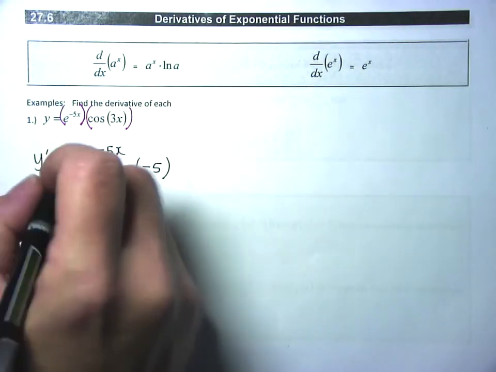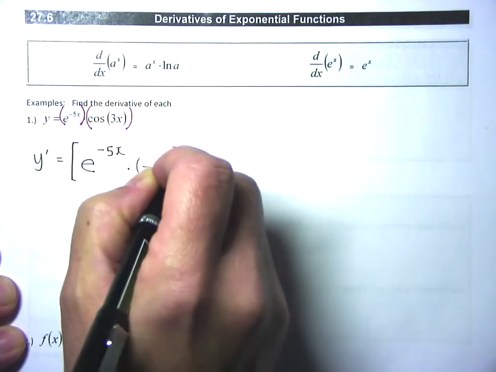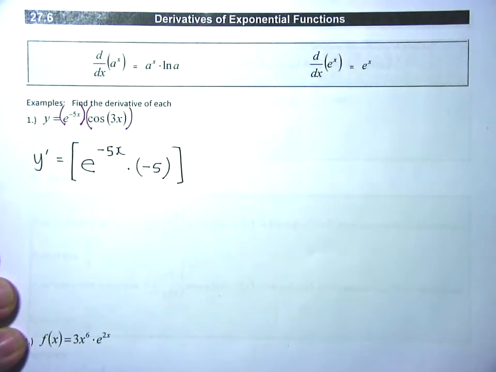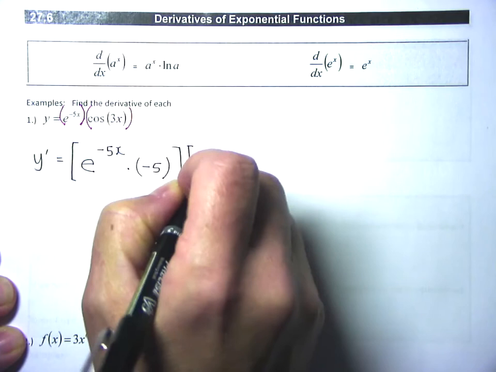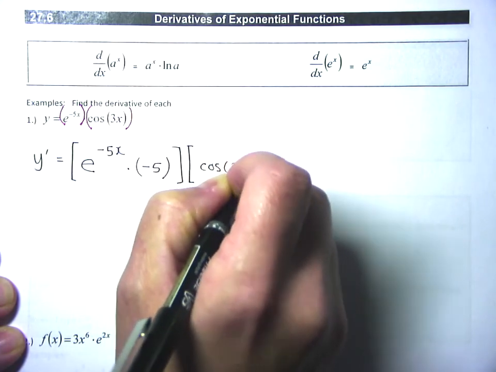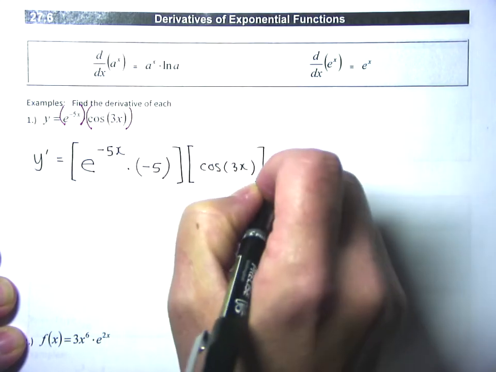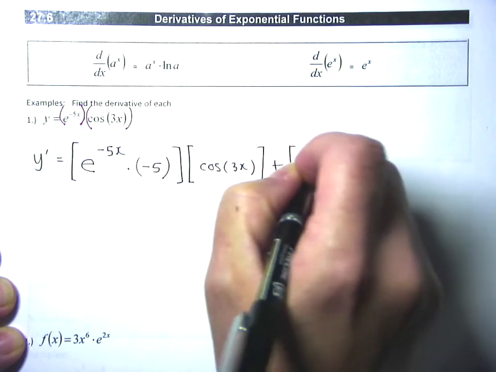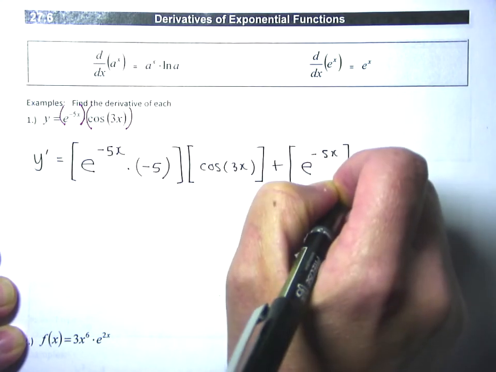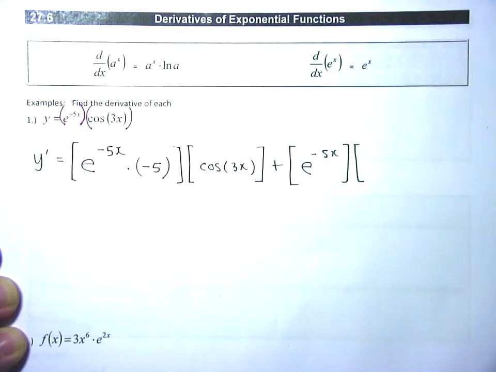So all of this together constitutes the derivative of the first times the second, plus the first. The first is just e to the negative 5x times the derivative of the second.